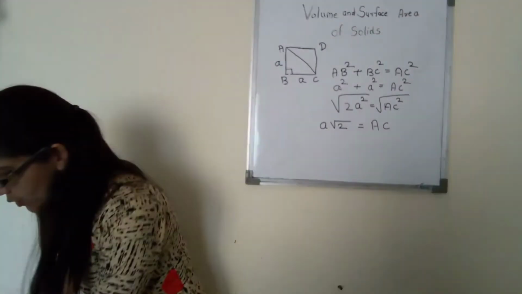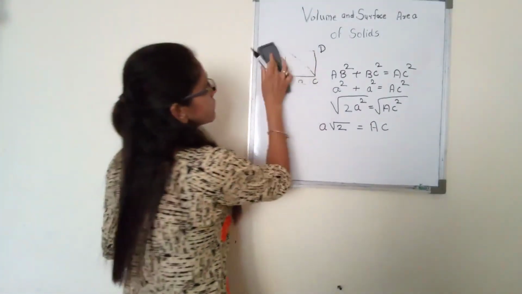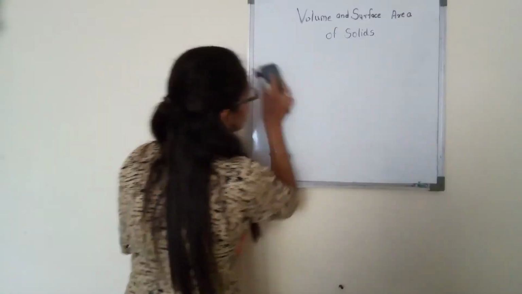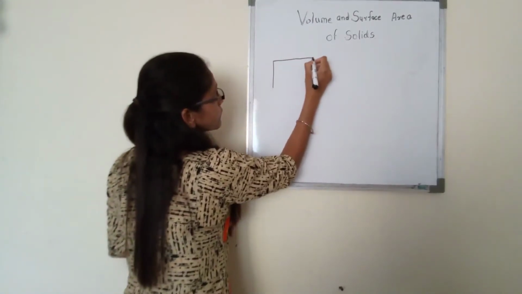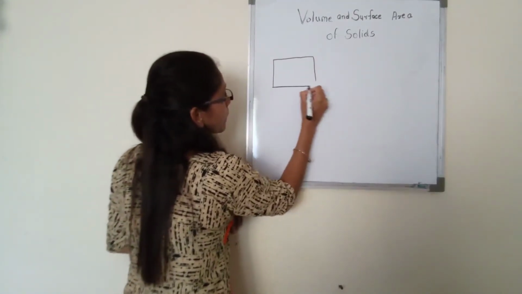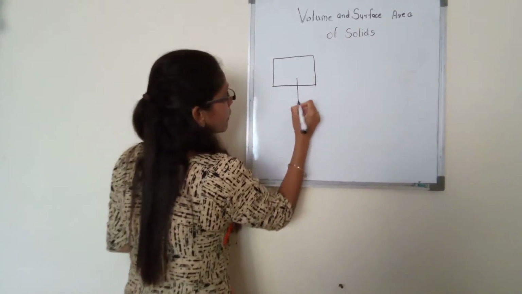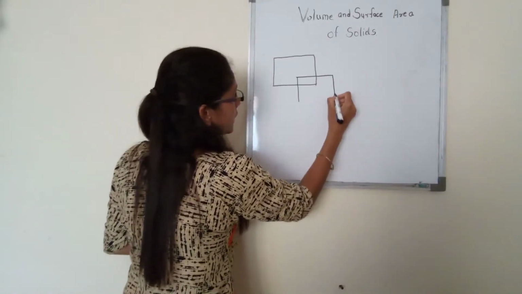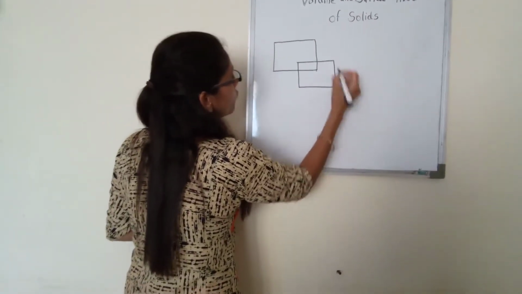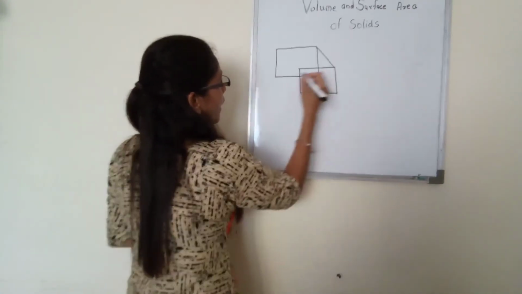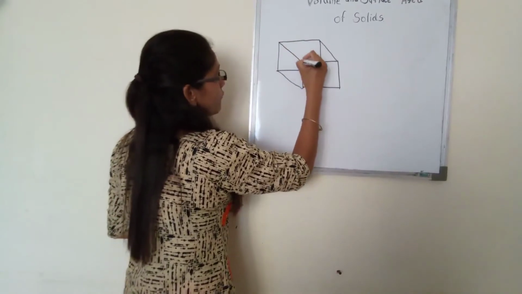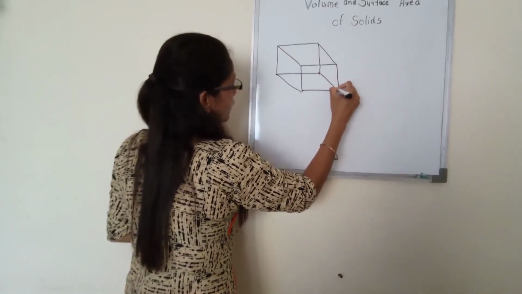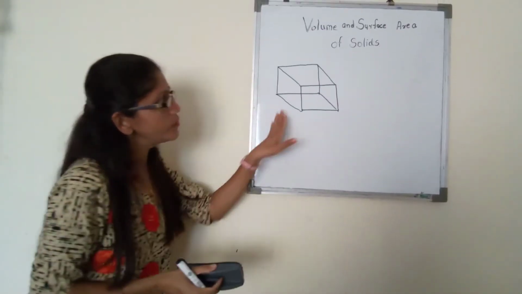First I will draw the cube here, so you can get an idea about the diagonal of the cube.